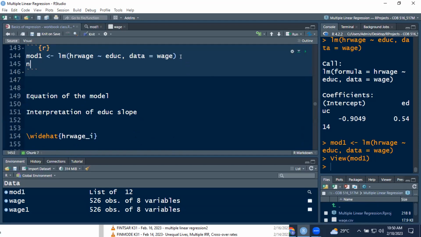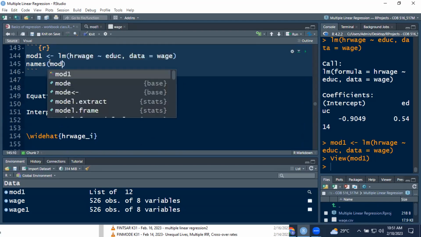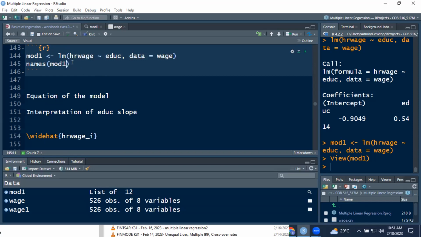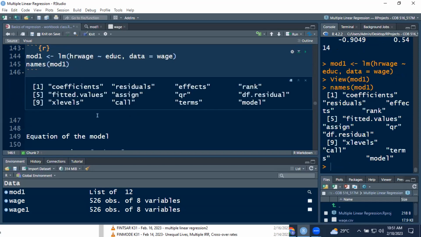And then if we take a look at names of mod 1, ano ba yung laman ni mod 1? Oops. Nangyari dito, control Z. Names ni mod 1. Yan. Ito yung mga laman kanina, di ba? These are the contents of mod 1.